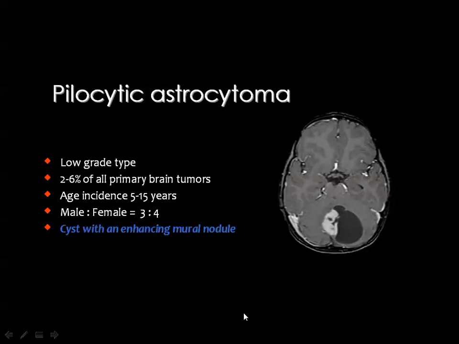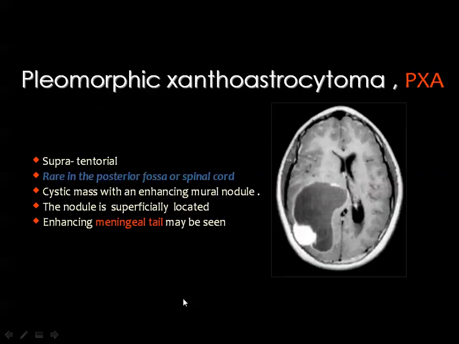Then you also remember the pilocytic astrocytoma, which is a cyst with an enhancing mural nodule, commonly located in the posterior fossa, usually in the pediatric age group, and it has this very characteristic appearance of a cystic component with an enhancing mural nodule. And also you remember the pleomorphic xanthoastrocytoma, or PXA, with a cyst with an enhancing mural nodule occurring supratentorial.